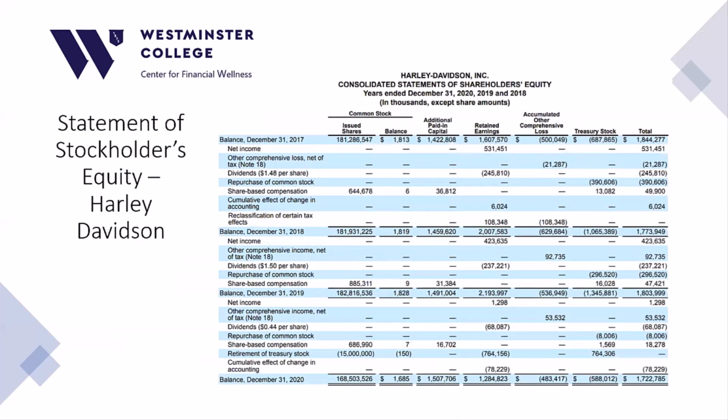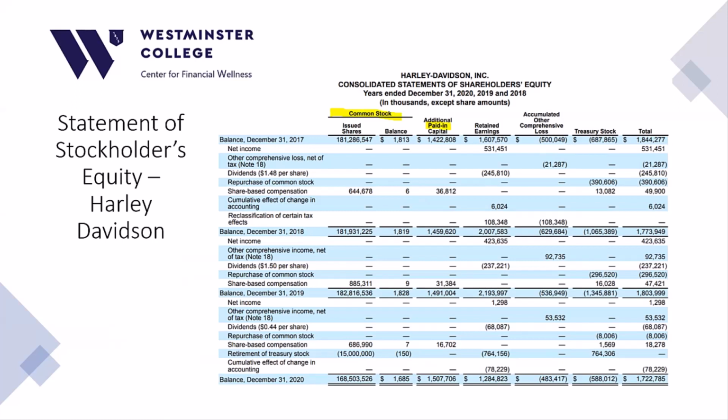Here's a statement of stockholders' equity. It's a lot to look at, yes, but we can look at the basics and understand what's going on here. These first three columns under common stock and then additional paid-in capital are all the equity that has been contributed. So this is them selling stock to stockholders.